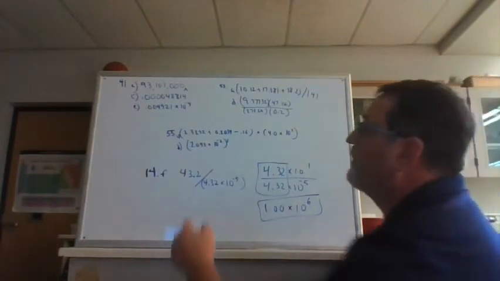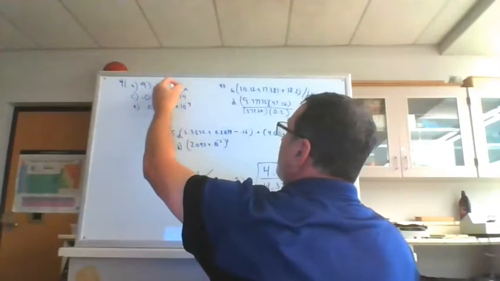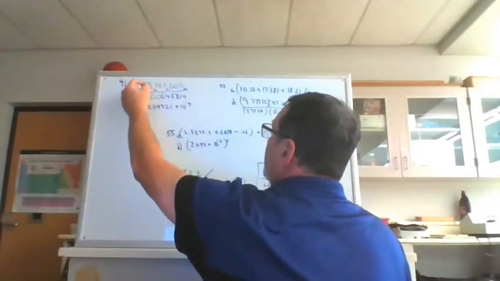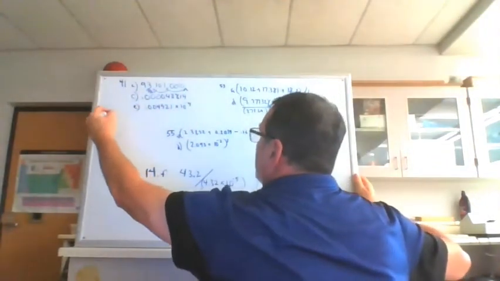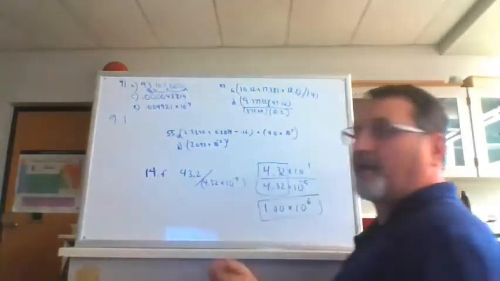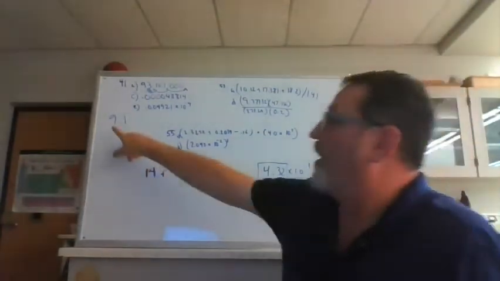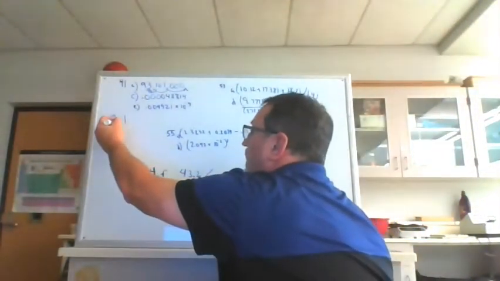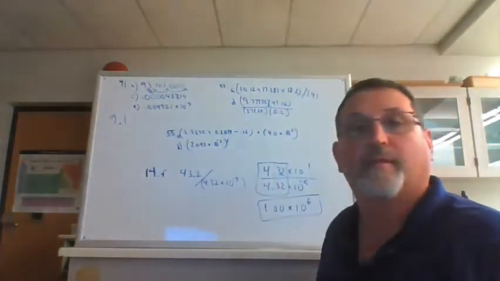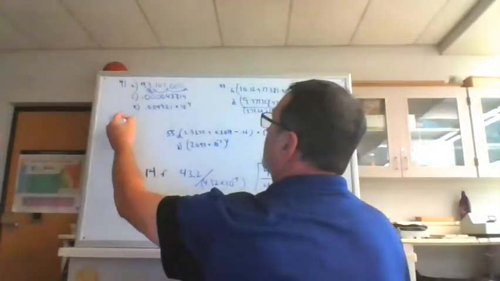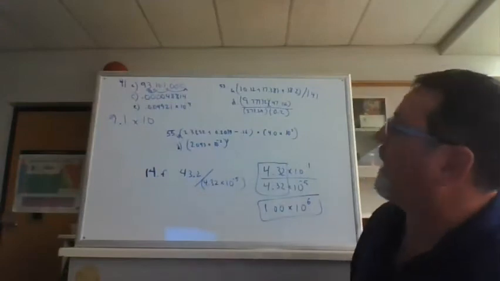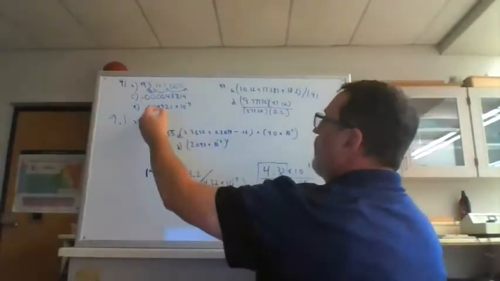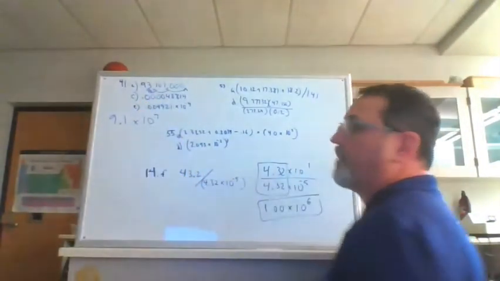Now I have to move the decimal place over 7 places to get proper scientific notation. Proper scientific notation has one number, then a decimal, times 10, and then how many spaces did I have to move it? I had to move it over 7 spots.